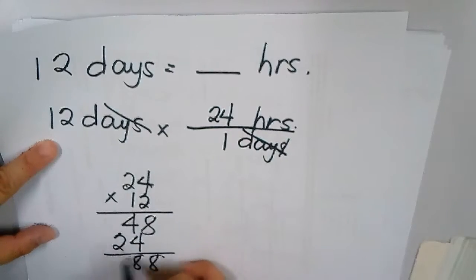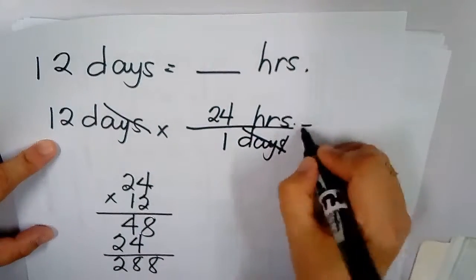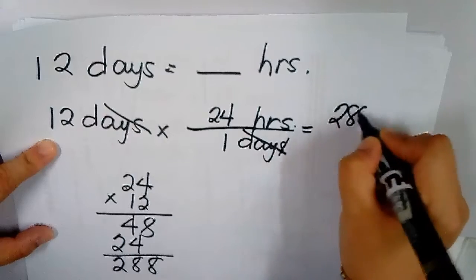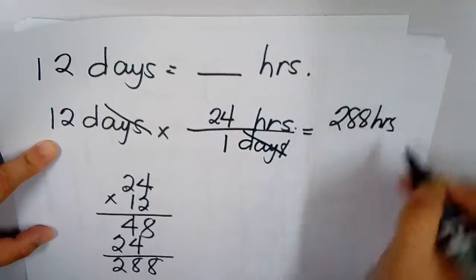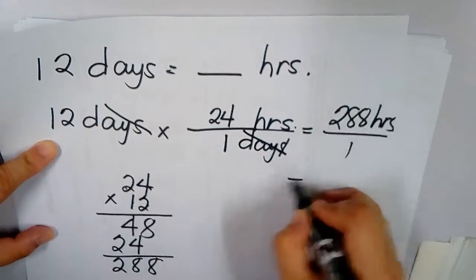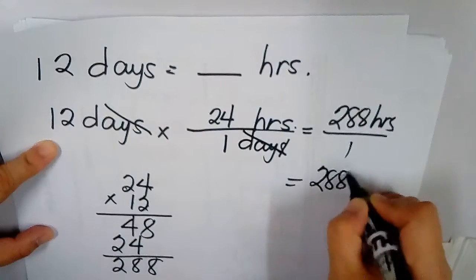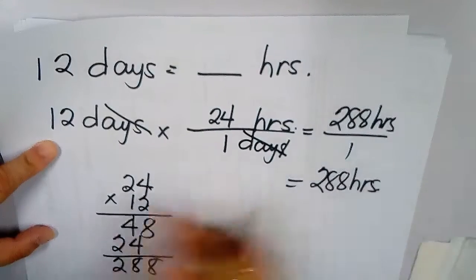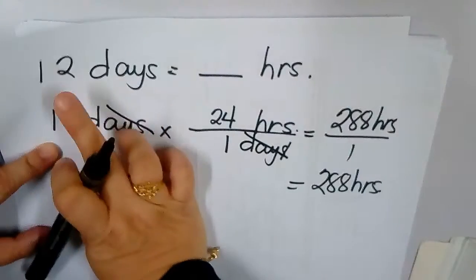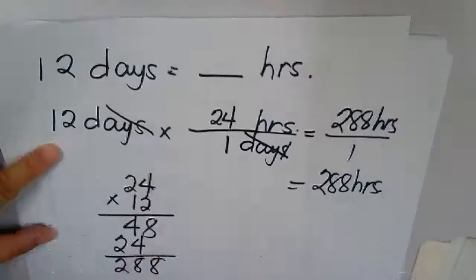So, 288 hours ang ating sagot over 1 or simply 288 hours. So, there are 288 hours sa 12 days.